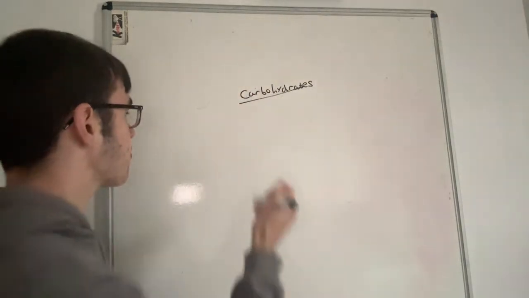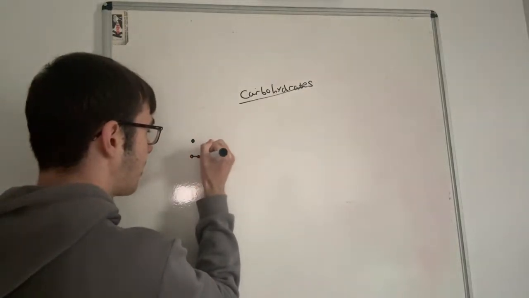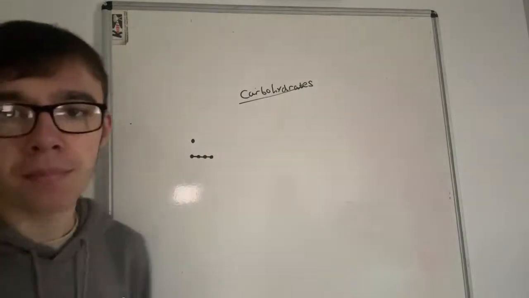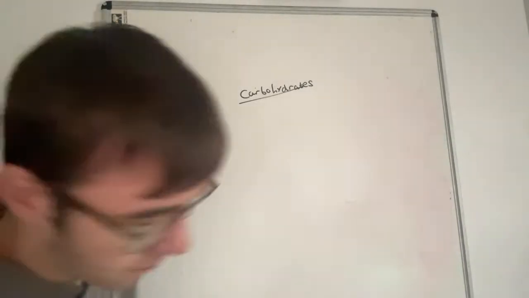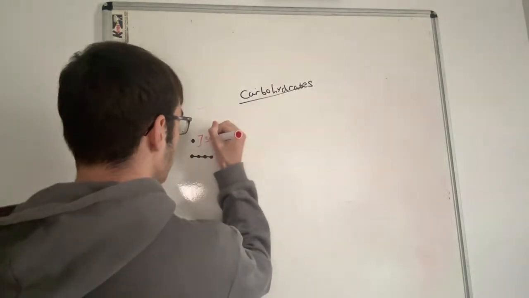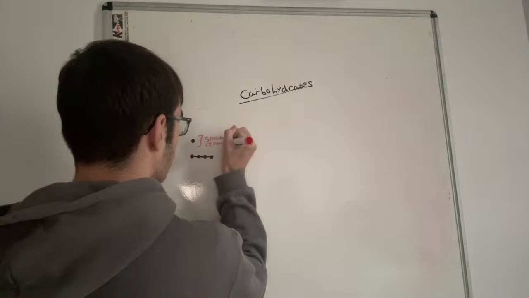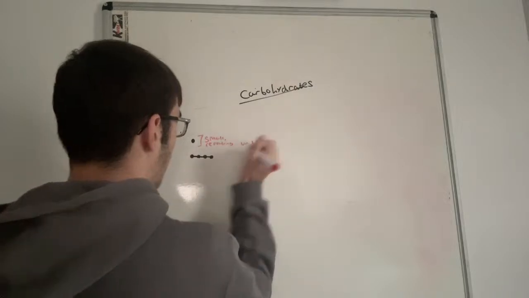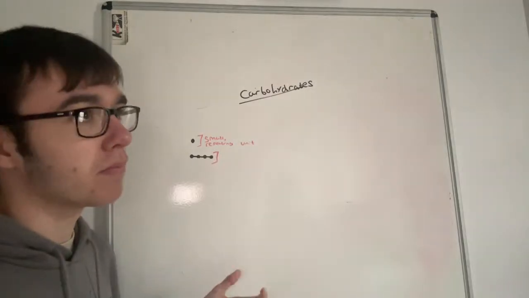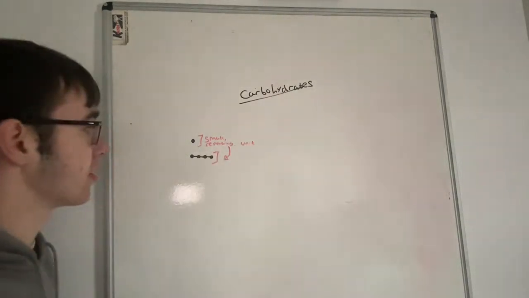We should probably first discuss what a monomer is and what a polymer is. Now, there is a specific definition, but I can't recall it, so I'm going to do my best to recall it. I'm pretty sure a monomer is a small repeating unit, and a polymer is a large unit made of smaller subunits.